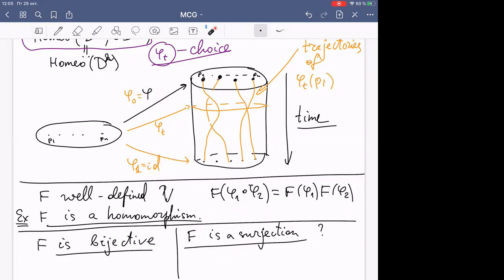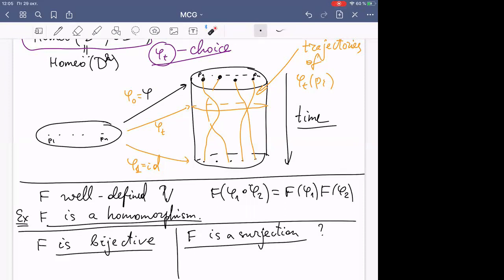This was to achieve that F is a homomorphism, not an anti-homomorphism. So we must look in a different way. We must start from identity and finish with phi, and we see that we obtain a homeomorphism which produces the prescribed braid.